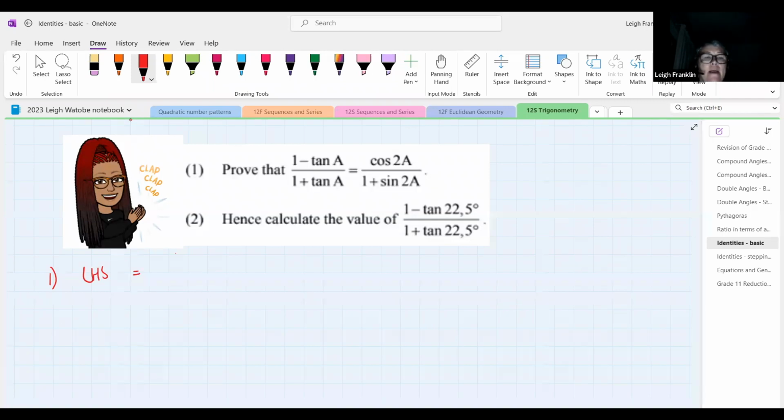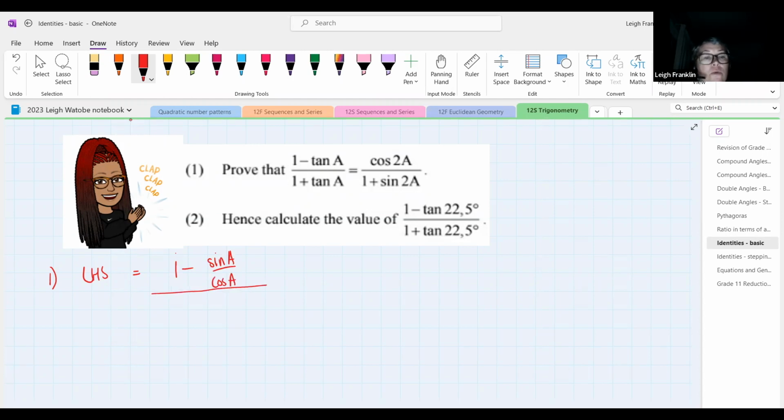Now, going back to the tan identity we were talking about in the beginning: when we see tan A, we want to write it as sine A over cos A. So 1 minus, and then I'm going to put sine A at the top and cos A at the bottom.